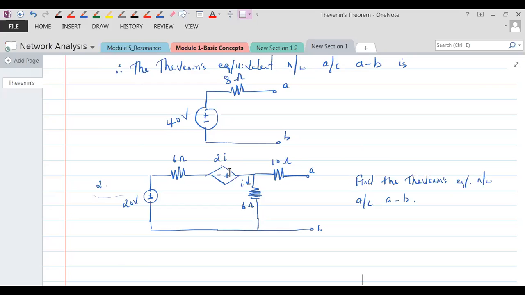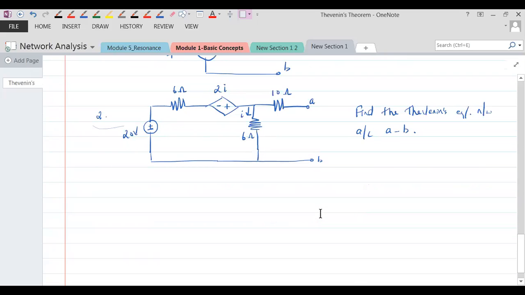We cannot find out RT by deactivating both of these. When there is a dependent source which we cannot deactivate, you cannot find out the equivalent resistance across AB. So that needs to be learned here. Everybody understand? I hope you have copied that. Let's go on with the solution. Since they have asked us to find out the Thevenin's equivalent network, the first thing that we have to find out is what?